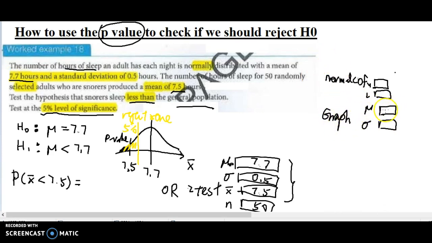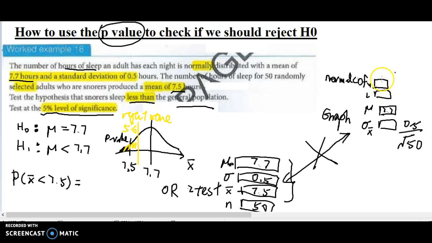So the mean for the graph is 7.7. The standard deviation from the graph is the sample standard deviation, not the population. So these two standard deviations are different. Be careful. So now the standard deviation is 0.5 divided by the root of the sample size, in this case, 50.